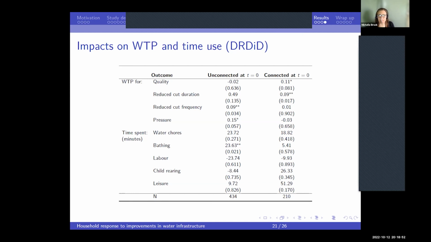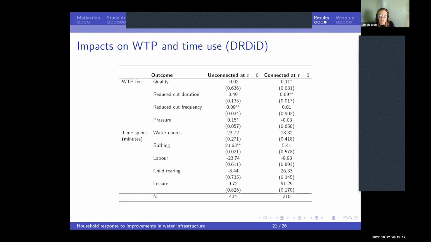Again, these are the people that stay. So if they're deciding not to revert to the wells, they are expressing an increased willingness to pay to avoid further deterioration of the services in terms of the clarity of the water and the duration of cuts.